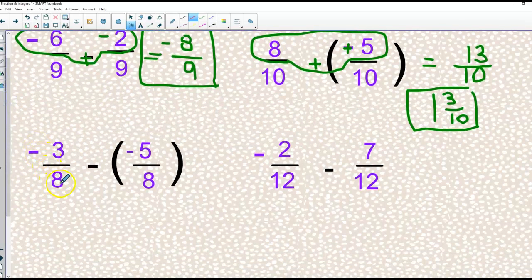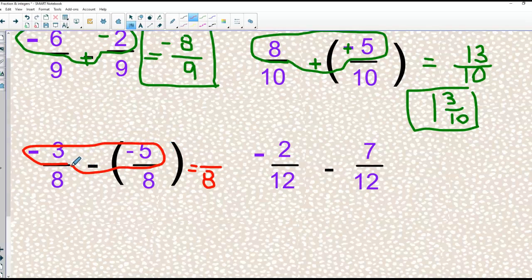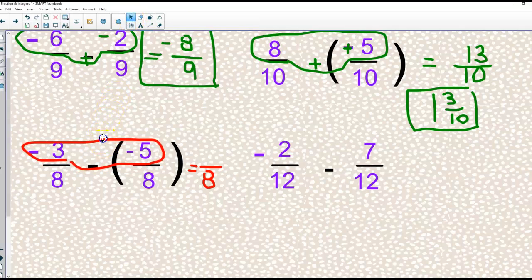So negative 3/8 minus negative 5/8. Okay, so again, we have the same denominator, so I'm just going to rewrite it. So it's 8 on the bottom here. And let's calculate our top numbers. Negative 3 minus negative 5 should be our problem there.